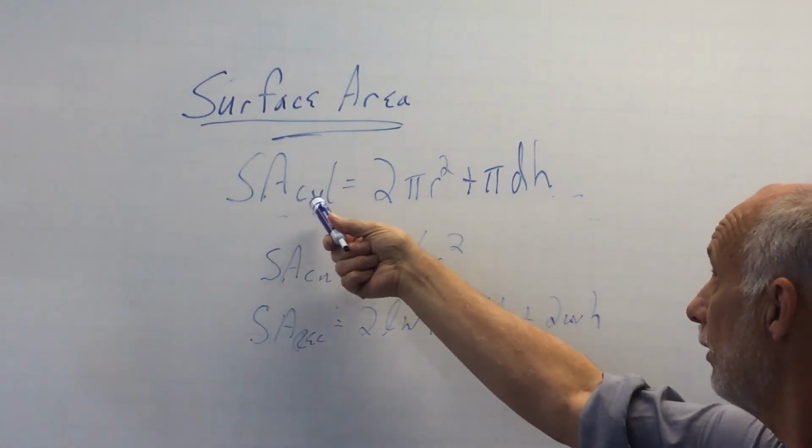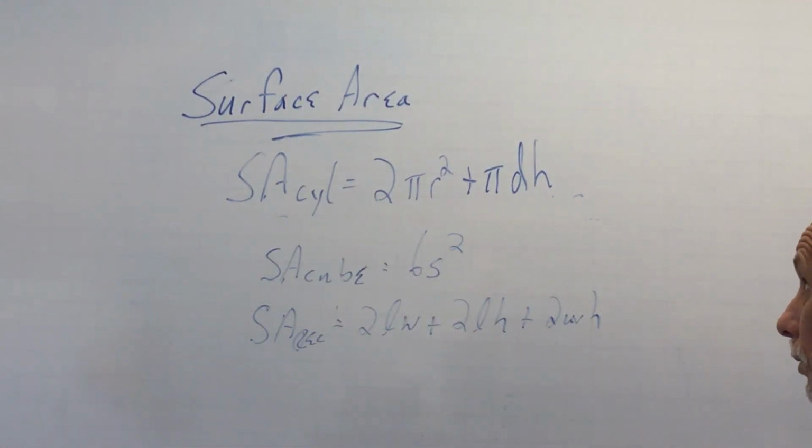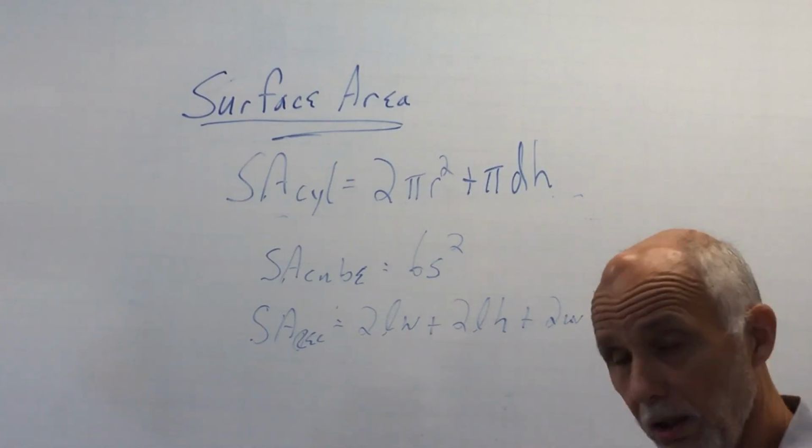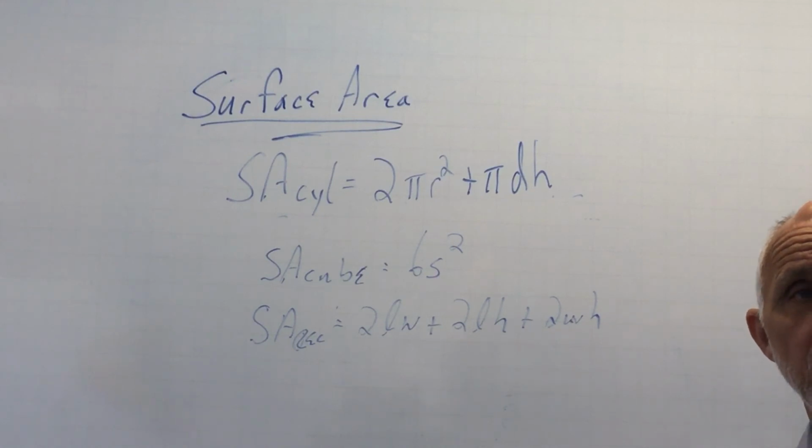And the surface area of a cylinder is 2 pi r squared plus pi dh. Okay? And again, once you know the formulas, you just replace the variable with its value, use the order of operations, and work it out.